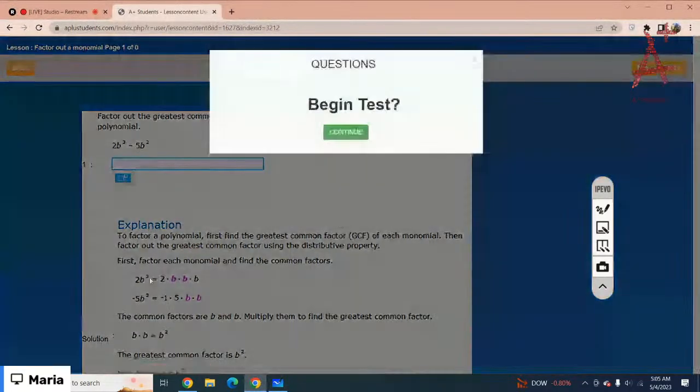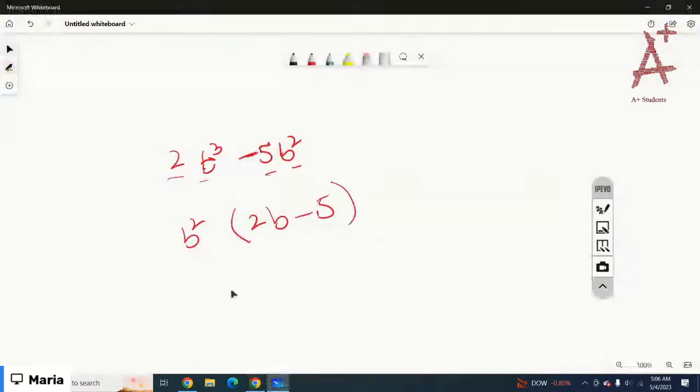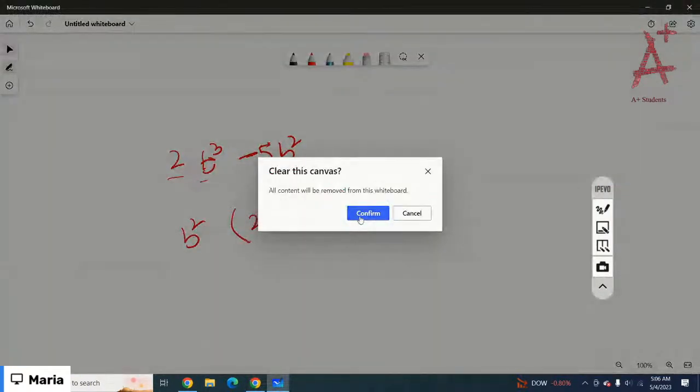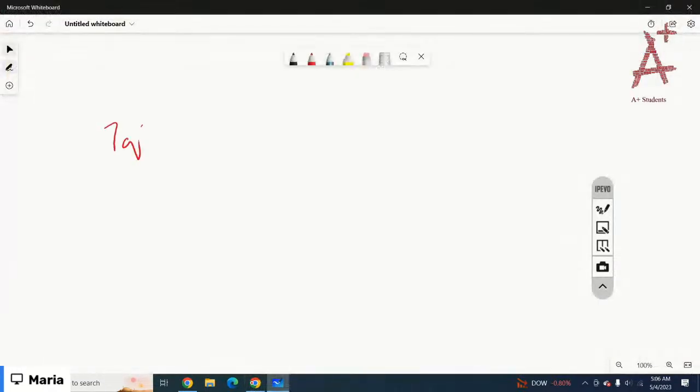Let's just start with the test questions. Okay, 7q cube plus 6q square. The same thing, you can take the smaller exponent common. So you can take q square outside.